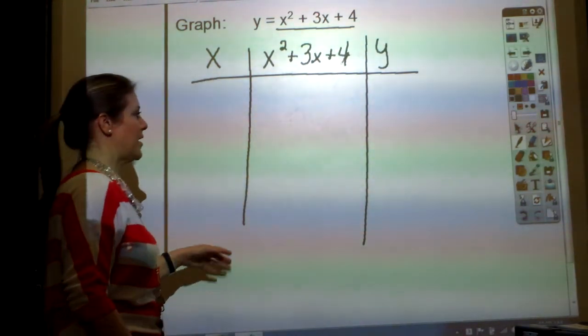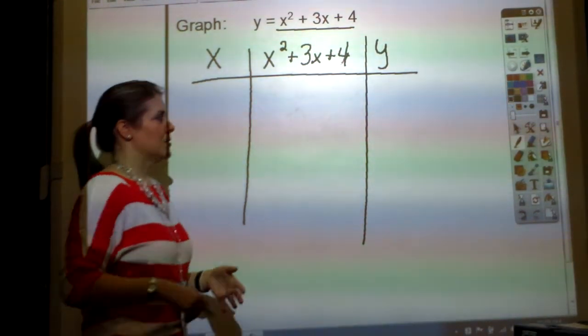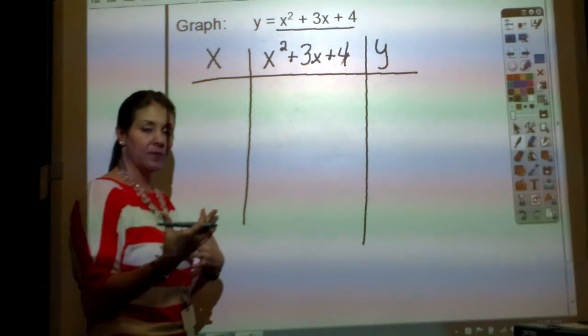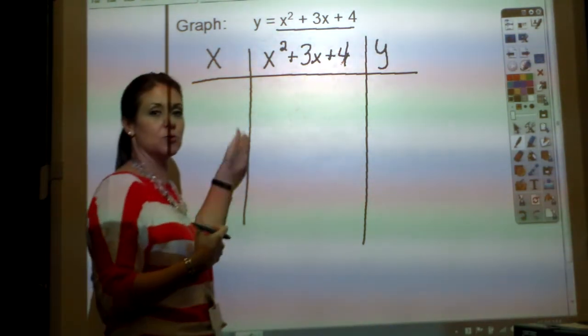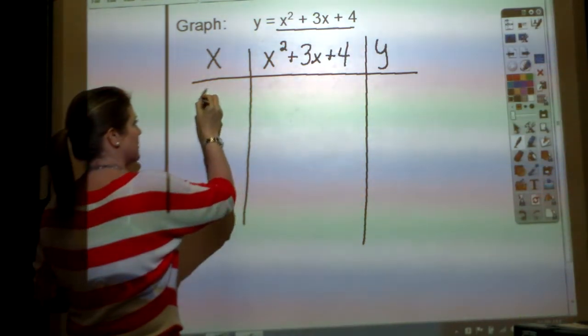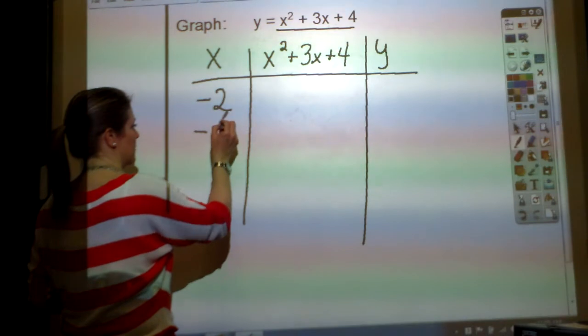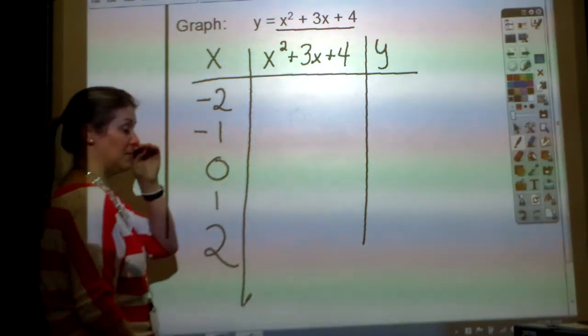Then you're going to pick some values. Now with a parabola, you might want to do more than 4 values. You might want to get up to 5 or 6 so you can really see how both sides will look. It just depends on what you choose as to what part of that parabola you're going to see. I'm going to go with -2, -1, 0, 1, and then 2, and then see where we can go from there.